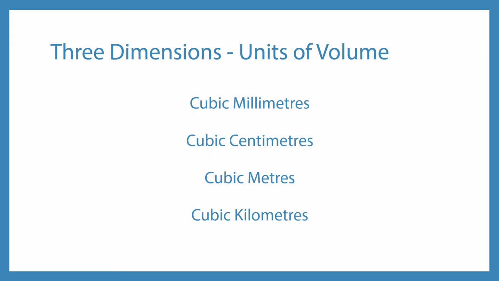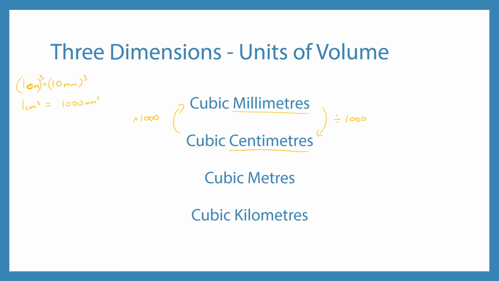Alright, and now we're finally going to fill out the conversion table. So, from millimeters to centimeters, 1 centimeter is 10 millimeters. Cubing, 1 cubic centimeter is 10 by 10 by 10 millimeters, or 1,000 cubic millimeters. So again, we divide by 1,000.